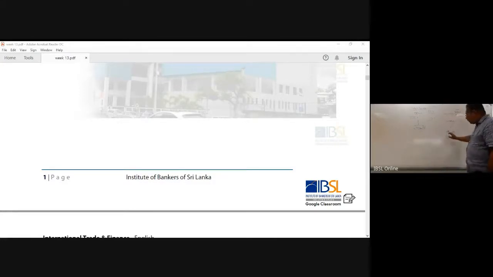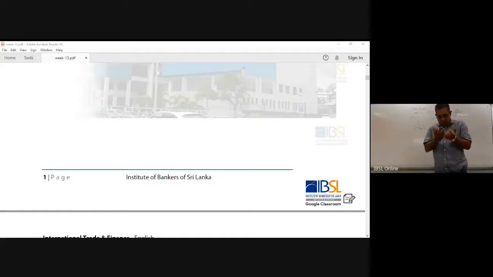Now this Bank of Tokyo is not a mere advising bank. It's a bank that advises the letter of credit in the capacity of an advising bank, but is also getting engaged to the letter of credit.